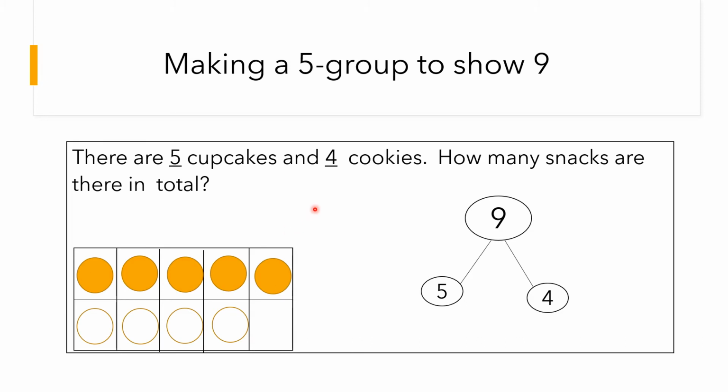We can even put this drawing into a number bond. Going in the whole is 9 because there are 9 snacks all together or in total. Going in the parts, we know we need 5 cupcakes and 4 cookies. Nice job, kindergarten. Let's try another one.